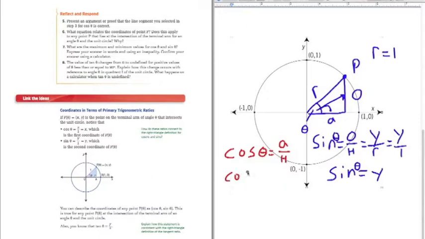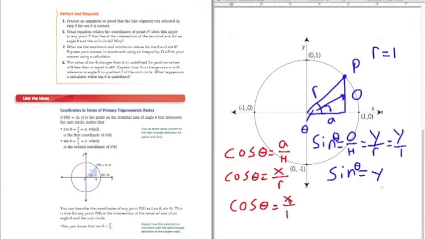So cos theta will wind up being adjacent over hypotenuse. What's the length of this arm? Well, the length of this arm is whatever the x coordinate is, because we went this distance on x before we went up. So adjacent becomes x, and hypotenuse is still r, and when we calculate this, cos theta will wind up being x over 1.